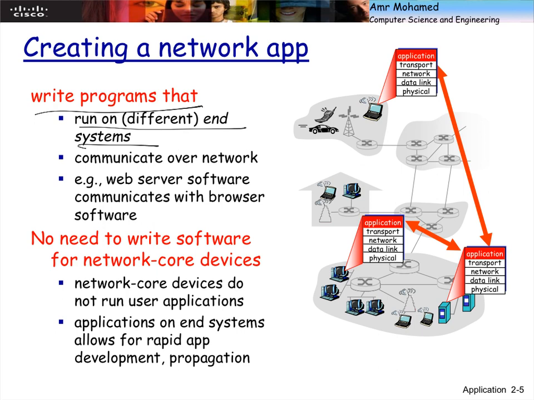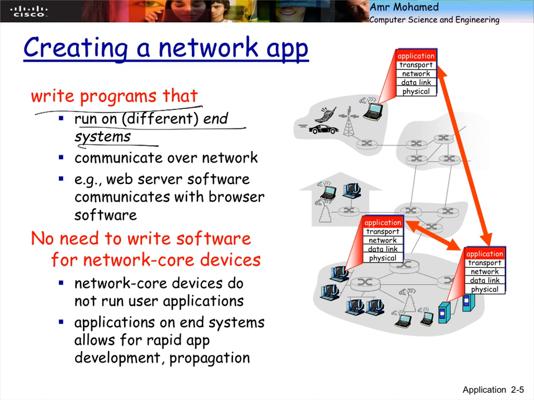Usually the application developer focuses on developing end applications that are used to compose the information and represent it in a good way to be transmitted over the network. That's our job as application developers. But at the end of the day, we don't really focus on writing code for the core network or for the router.